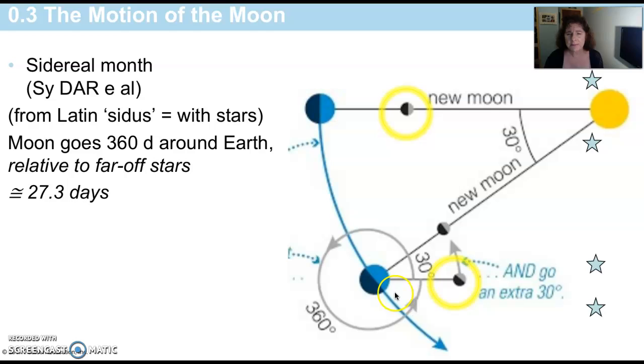It is 30 degrees. So you need to go an extra 30 degrees with this moon to get back to the same position that gives you a new moon look. So in doing that, that takes 2 more days roughly for the moon to do.